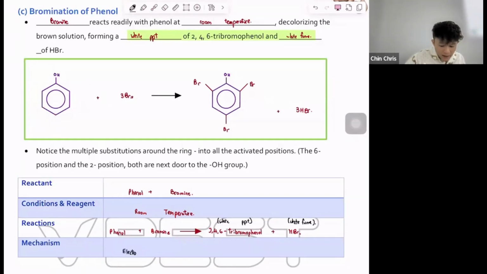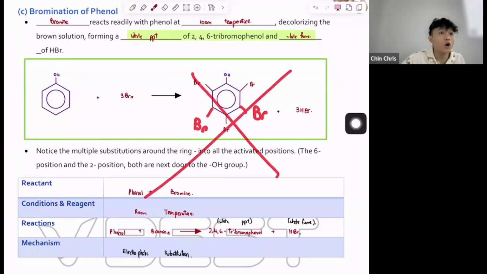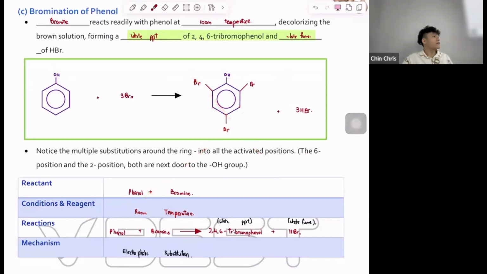And the position of your Br matters. If you draw 3,5, it's considered wrong. Why? Phenol has a 2,4 directing effect.